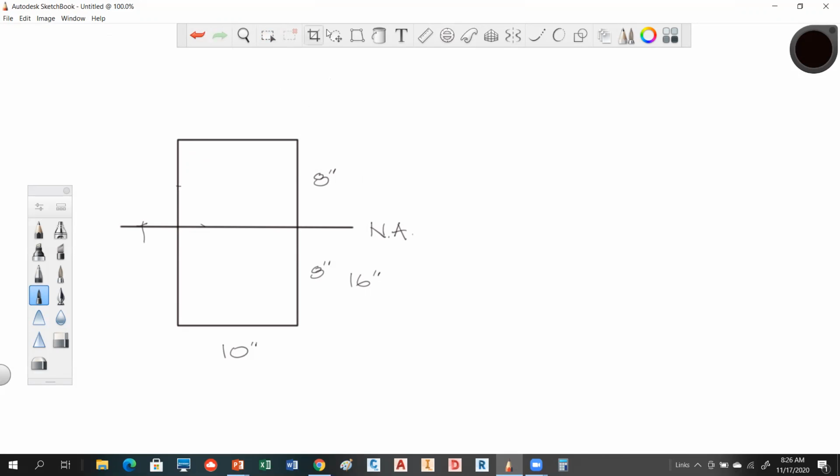So if we're looking at the total Q here, we would have 10 times 8. That would be my area, correct? What would be the distance from the neutral axis to the centroid of that area?